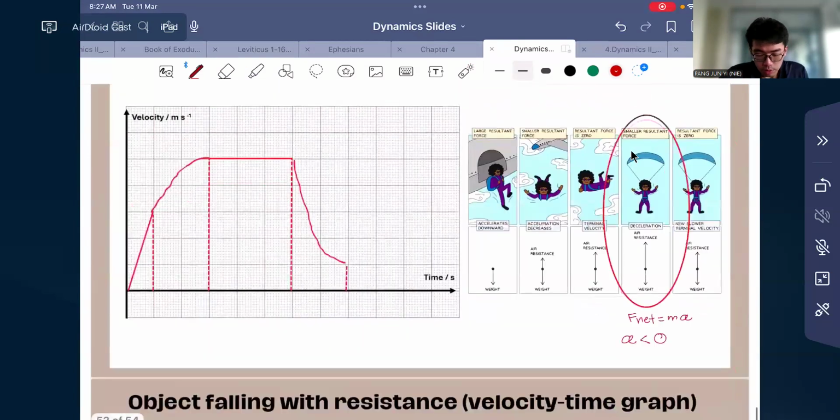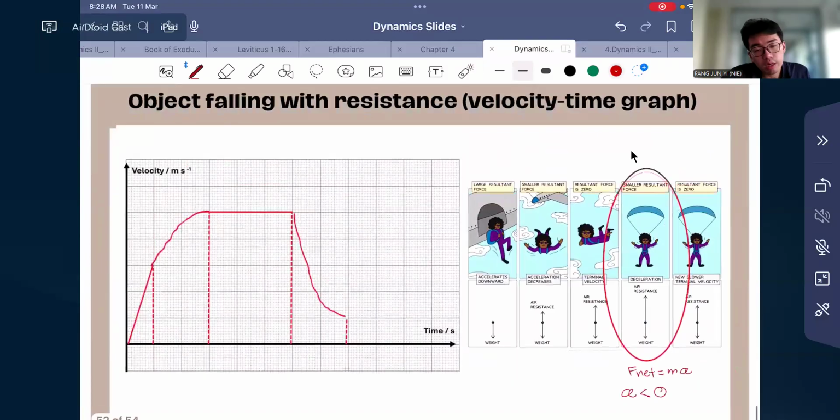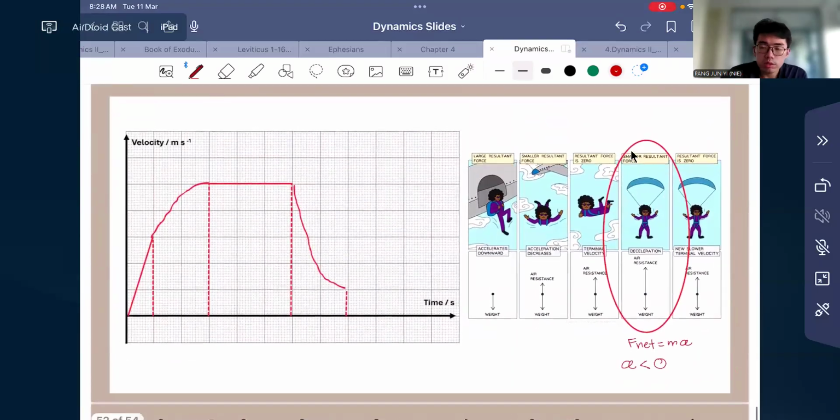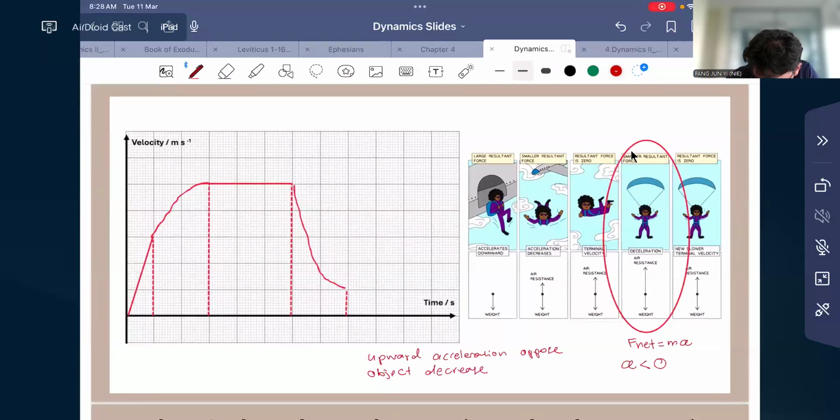So this one I clarify again. Think of it this way: the upward acceleration that is opposing the object decreases as air resistance decreases.